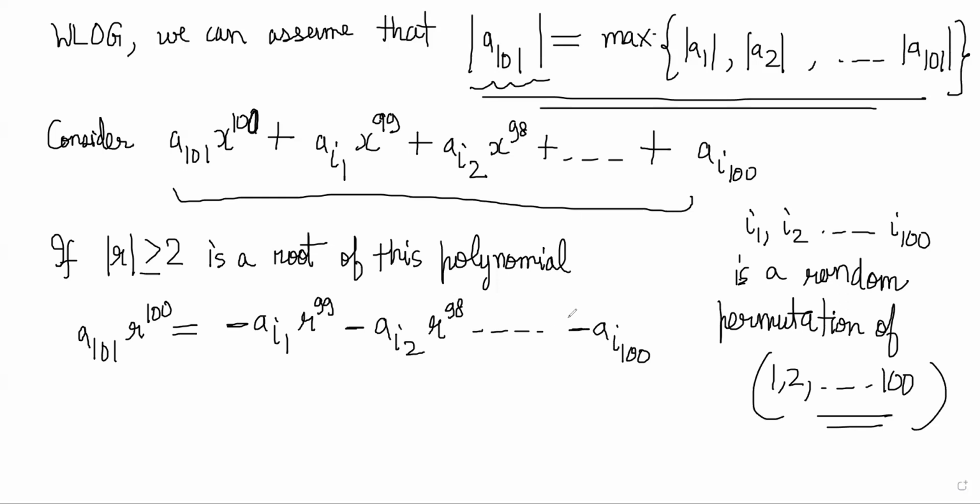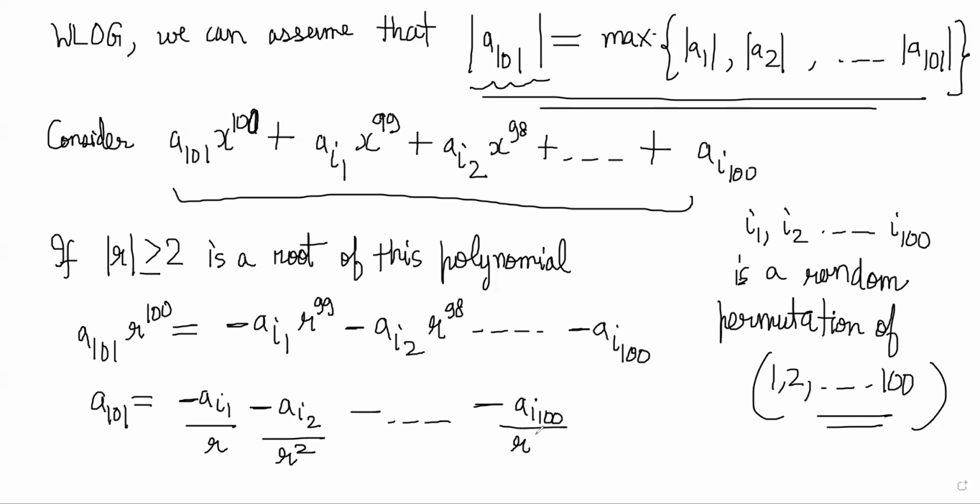This is the standard technique that we saw in the beginning of the lecture. So what we can say here is a101 will be equal to minus ai1 by r minus ai2 by r square and so on, minus ai100 by r power 100. This is the result we are getting.